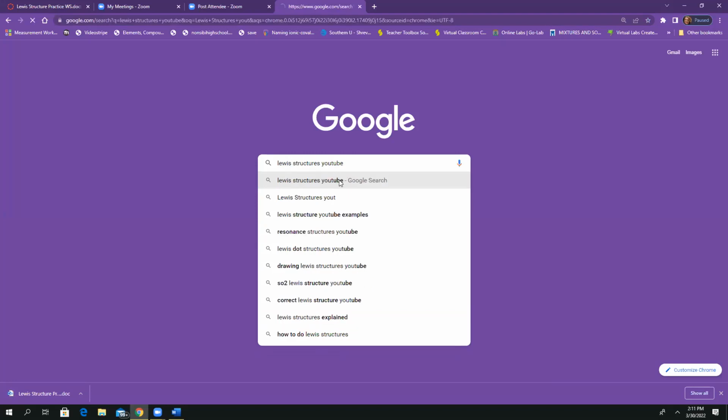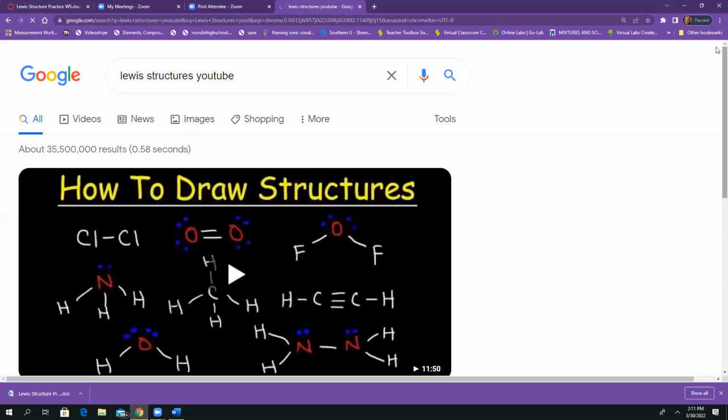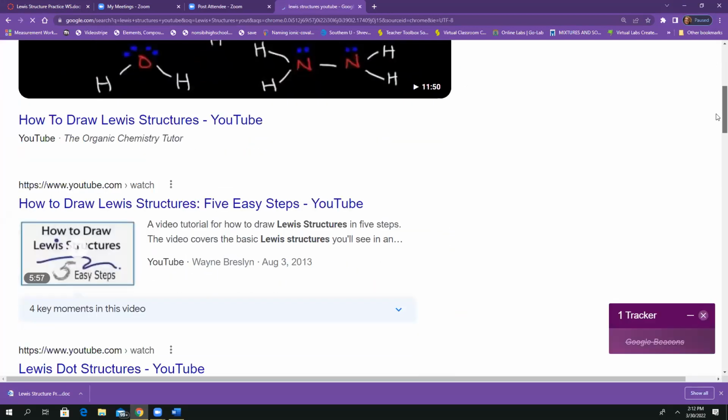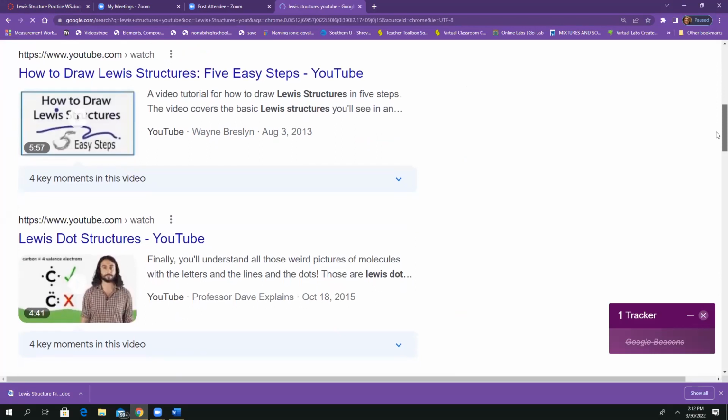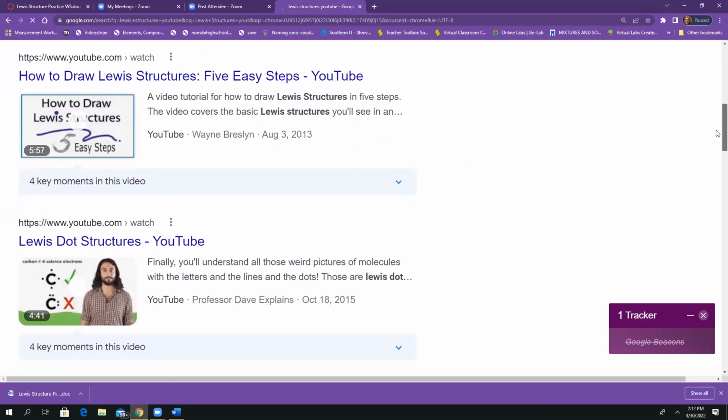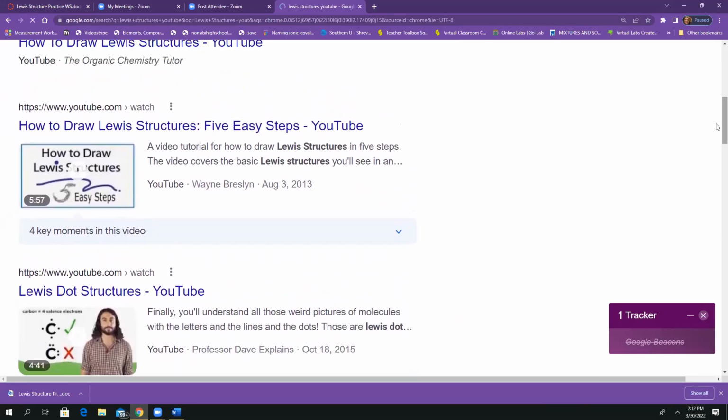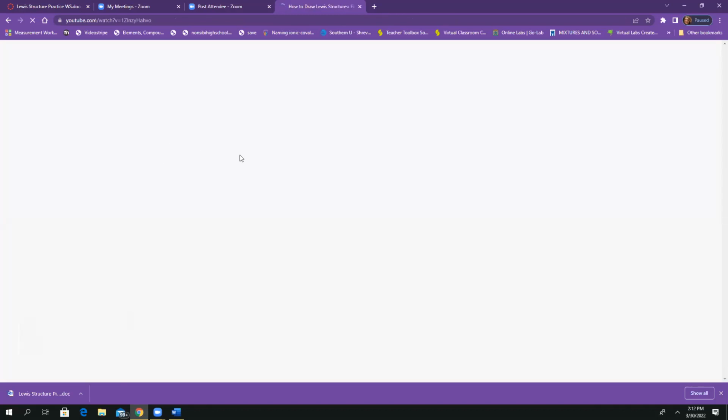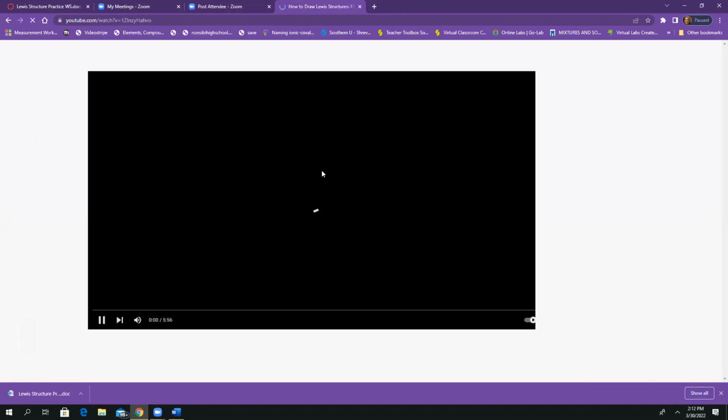Okay, let me see what it'll do. It's got the normal Lewis structure. No, I don't want that one. I do the 5 easy steps too. Okay, let me see if that's on here. But this is only if you have a central atom, which is what I do anyway.